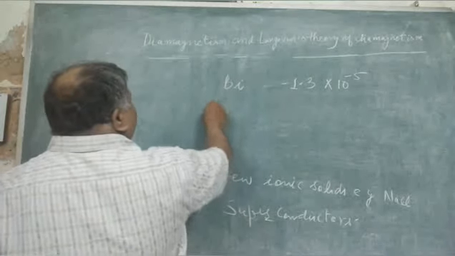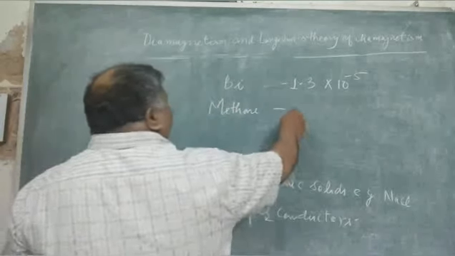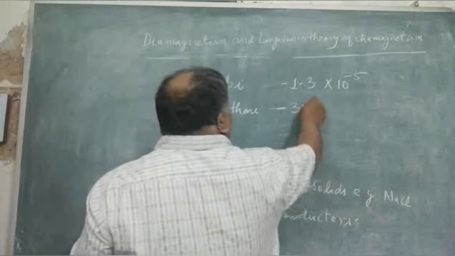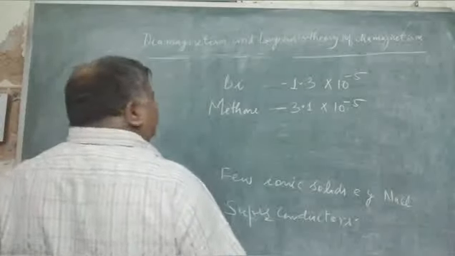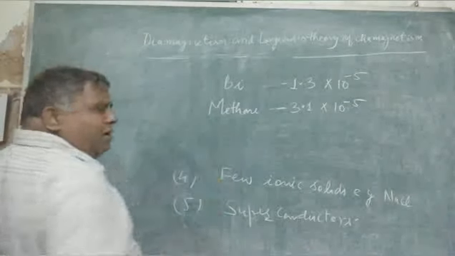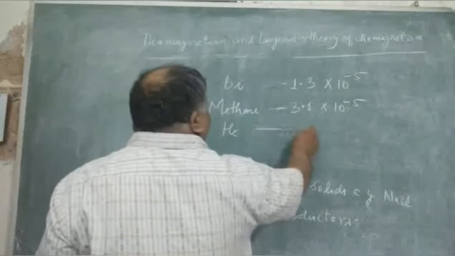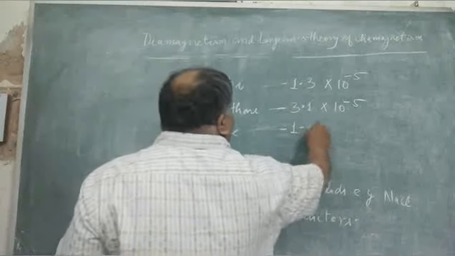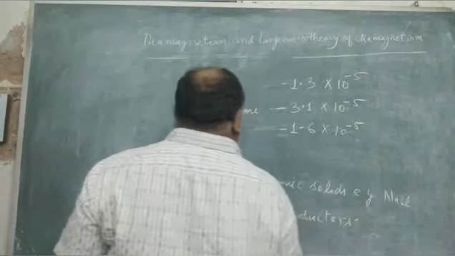Susceptibility of methane is negative 3.1 times 10 to the power minus 5. Susceptibility of helium is negative 1.6 times 10 to the power minus 5.